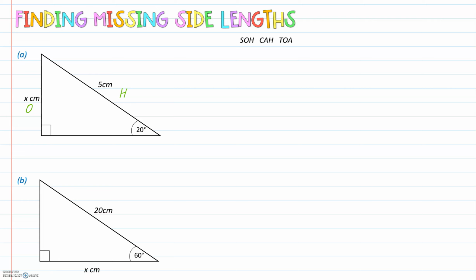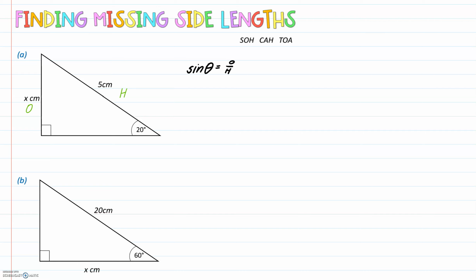So looking at our SOHCAHTOA, we can see that for this triangle, we're going to need to use sine theta equals opposite over hypotenuse. So we've written down the ratio that we're going to use.